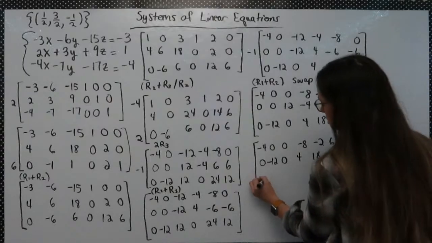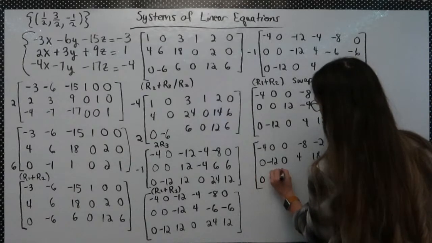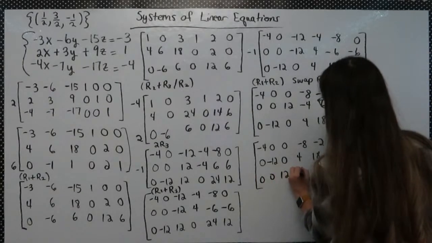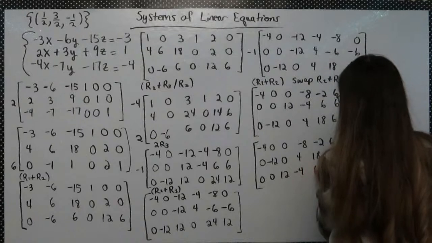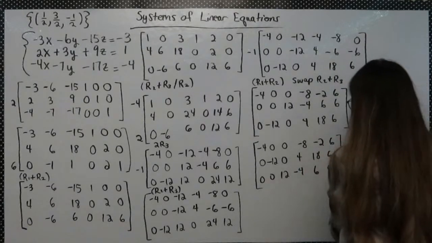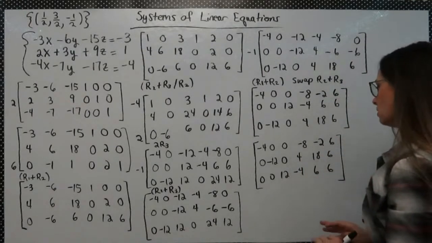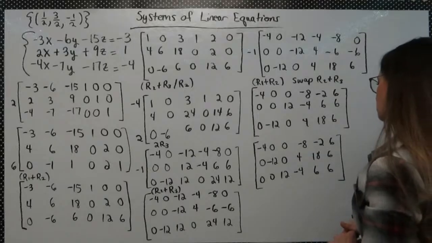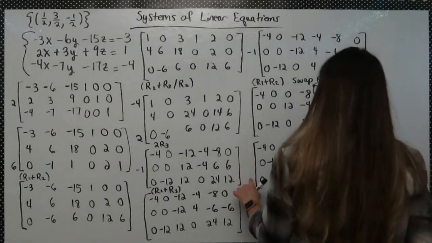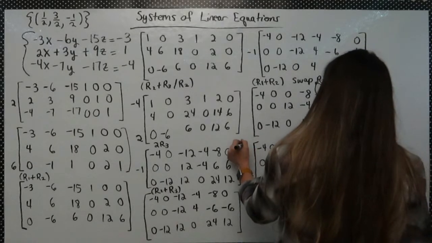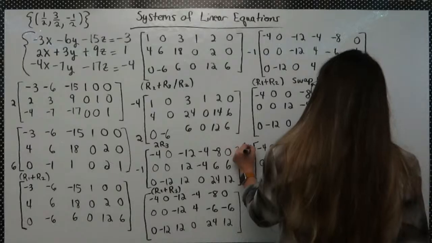And then we've got 0, 0, 12, -4, 6, 6. All right, so now all we have to do is we're going to multiply each one of these rows by a scalar. This one's going to get multiplied by 1 over -4.